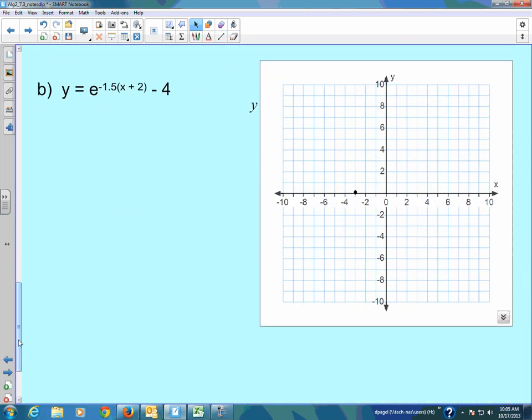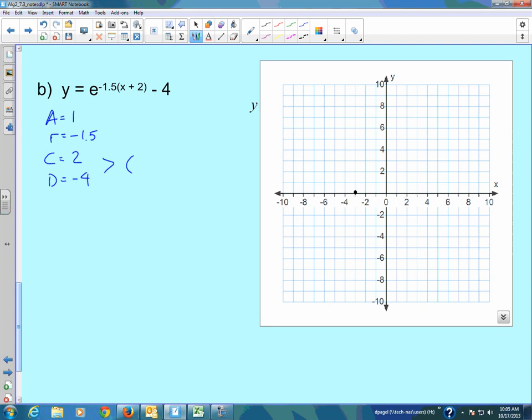Try this one. Now we introduce both a translation left and right and a translation up and down. So we have our translation vector -2, -4. But the vertical stretch factor is just 1. The r value is now -1.5, our c value is 2, and our d value is -4.